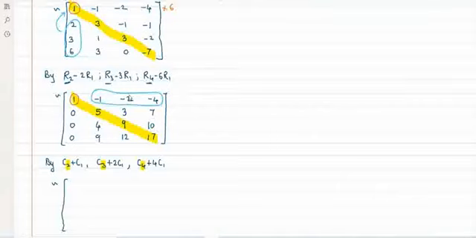You have to write the matrix column wise: 1, 0, 0, 0. Now, addition of the two columns directly. Minus 1 plus 1, 0. 5 plus 0, 4, 9.